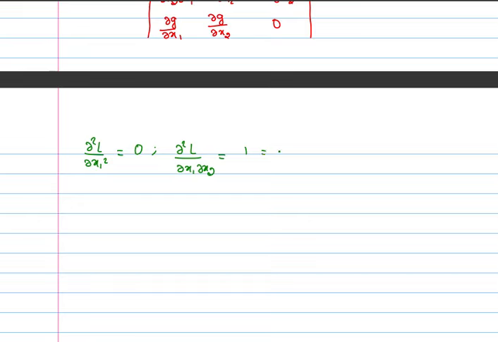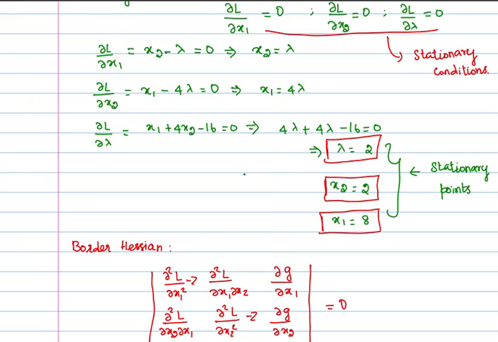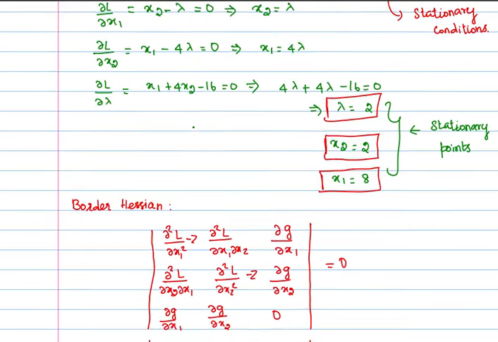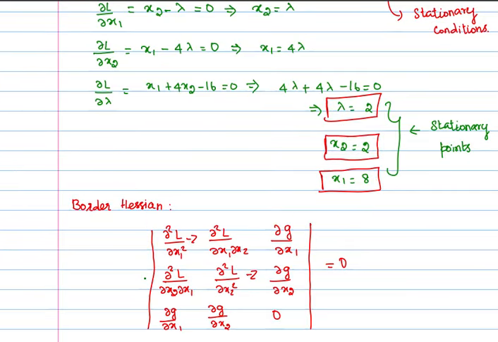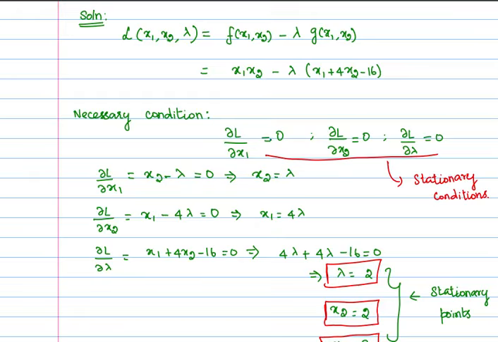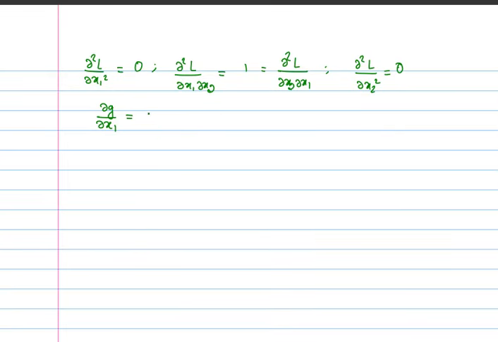The same value we get for ∂²L/∂x2∂x1. ∂²L/∂x2² is independent of x2, so we get 0. ∂g/∂x1: g is x1 plus 4x2, so we get 1, and ∂g/∂x2 we get 4.